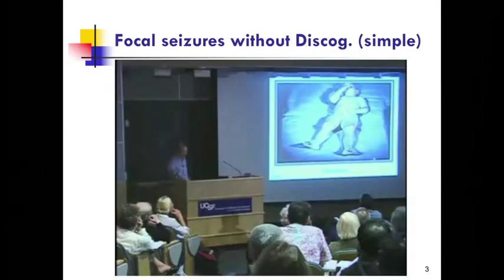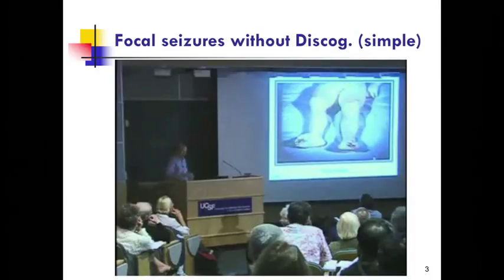Because for motor function and a few other things, the right side of the brain controls the left side of the body and vice versa. So there is a simple case, focal seizure without any impairment of consciousness. So it's just a twitch that you have. So that is a convulsion, okay, because you see the flex, the legs there.